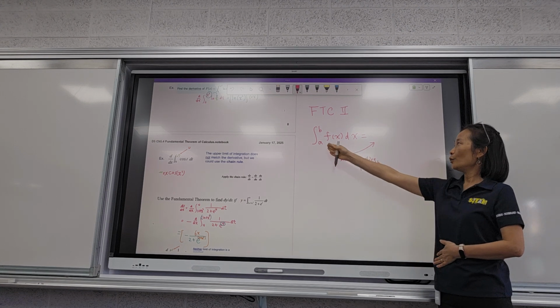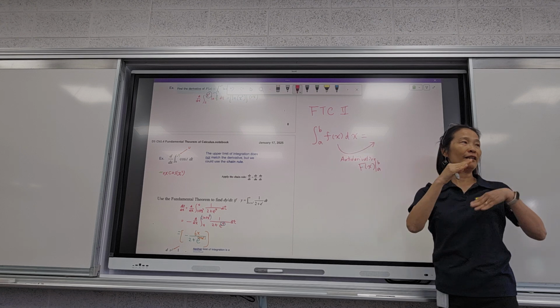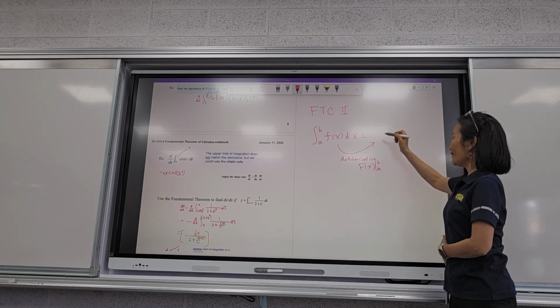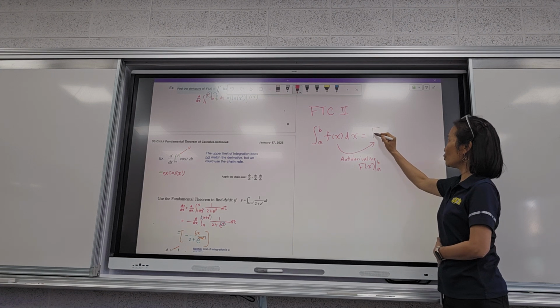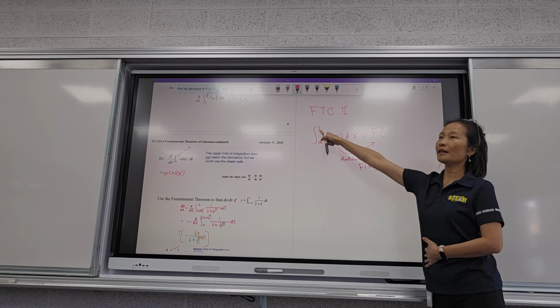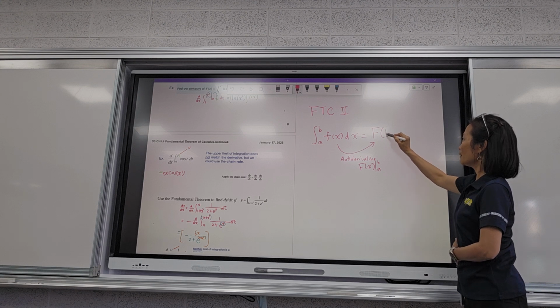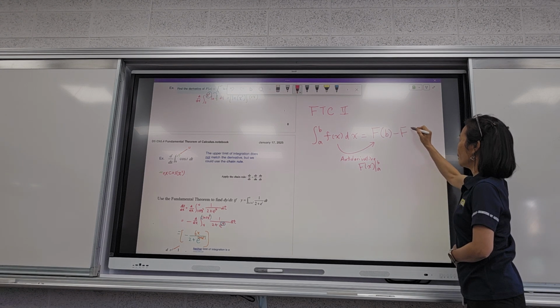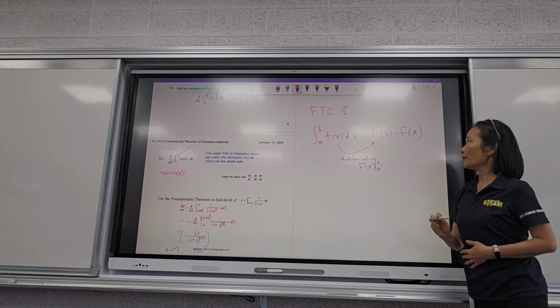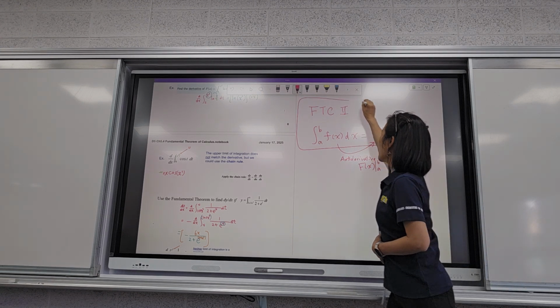This is like asking what is the total change in the position. In that case, we find the position function, substitute the ending position, the final position or final amount, and subtract the initial amount. So this is fundamental theorem of calculus part 2.